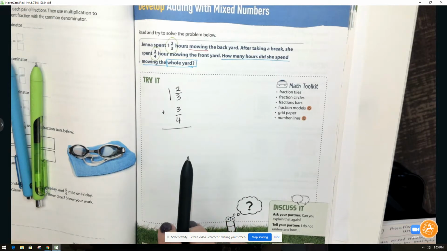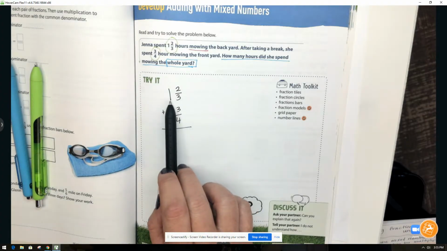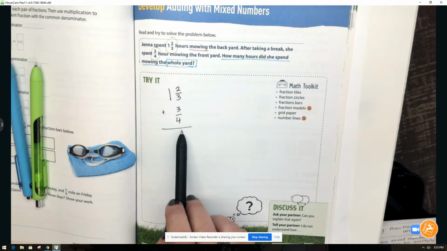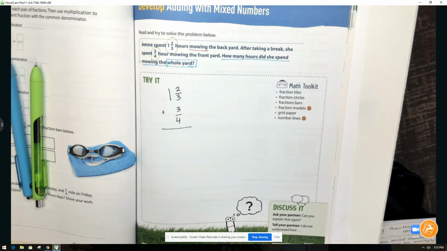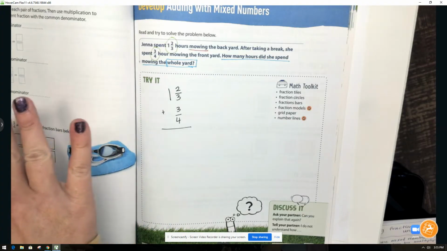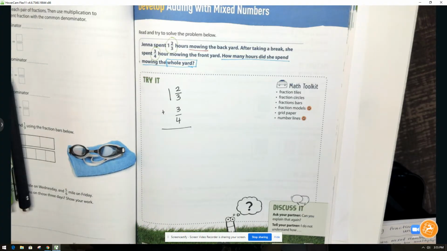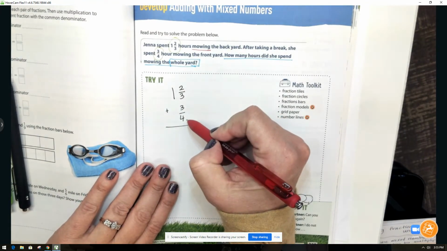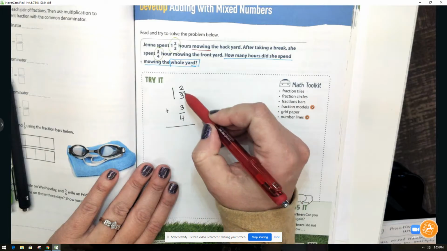Now, here's the thing that we're going to do for now. For now, we're kind of going to ignore this whole number and we're just going to deal with the fractional parts. But we cannot forget about the whole number. So we need to make sure we add that back in at the end. So the first thing we're going to do is find the lowest common denominator, or the lowest common multiple, between 3 and 4.